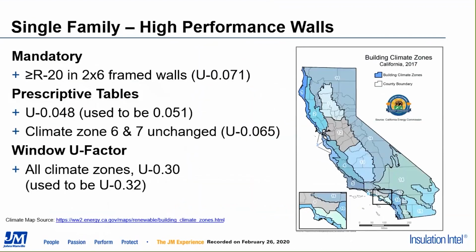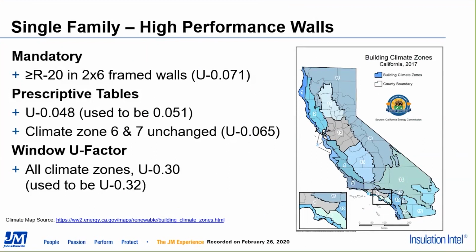On the wall side, there's been a number of changes. One of the big ones is for mandatory measures. Just like in attics, there are mandatory minimum amounts of insulation that have to be put into walls in California. For 2x4 framed walls, the minimum amount is R13, and it's been that way for a couple of code cycles.